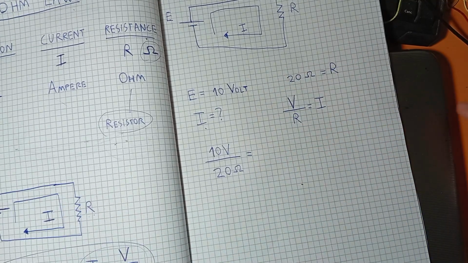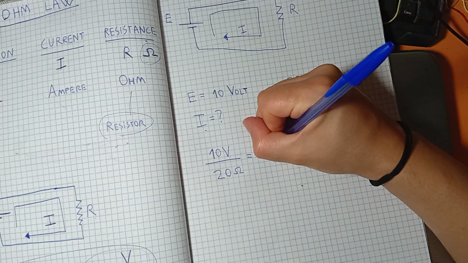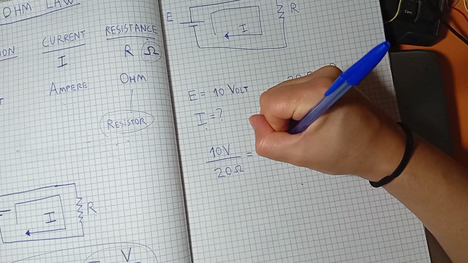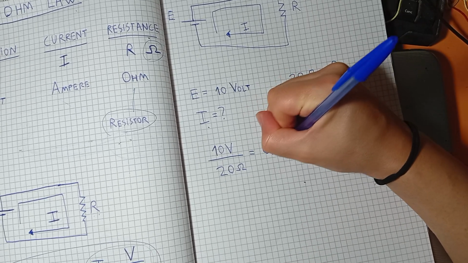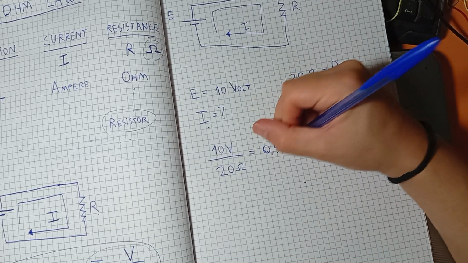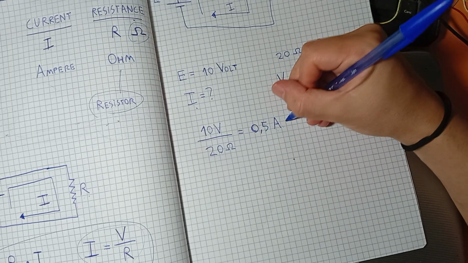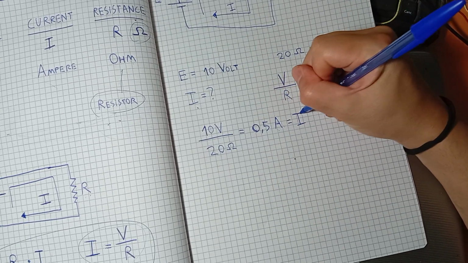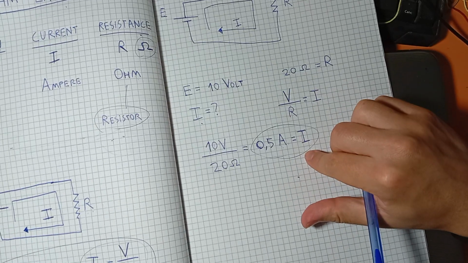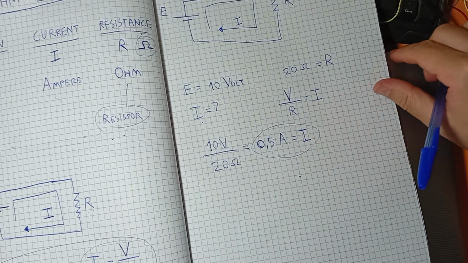And we'll find the value of current, okay, which is 0.5 ampere. You can just write A, this is ampere, okay, and this is the current. So we have found the current here using the first Ohm law.